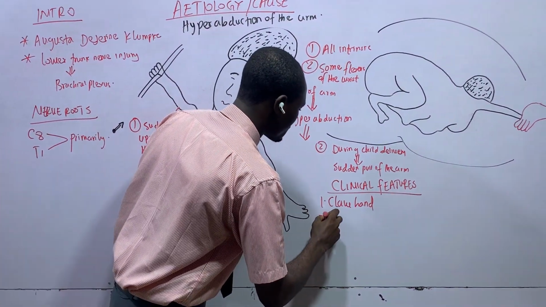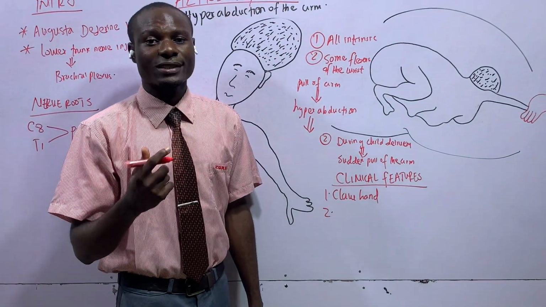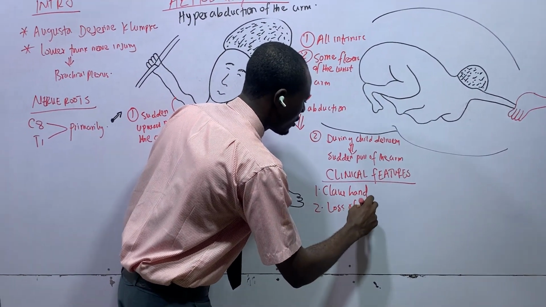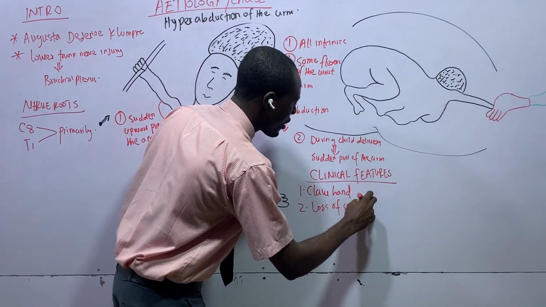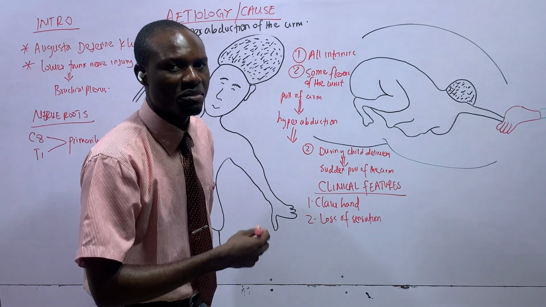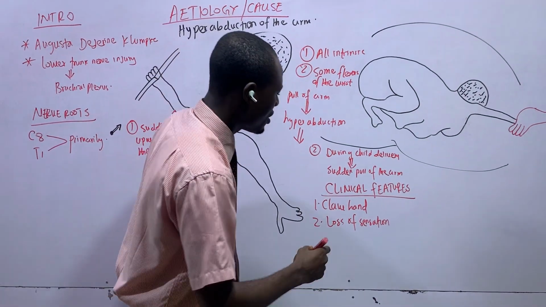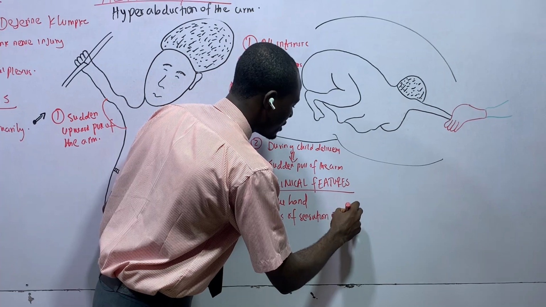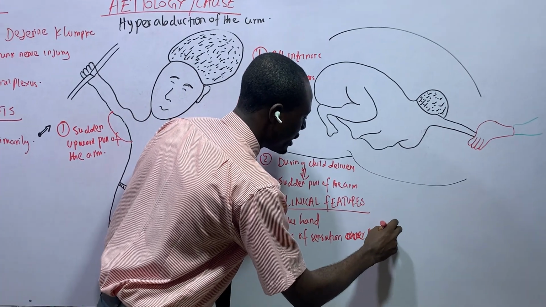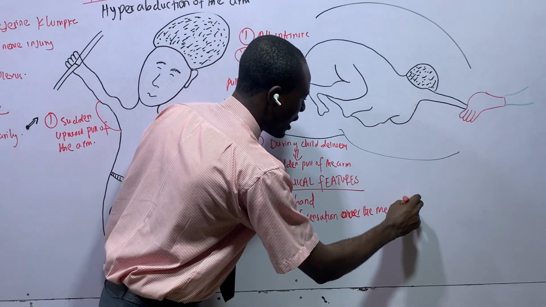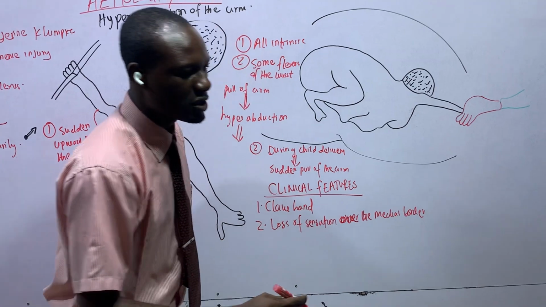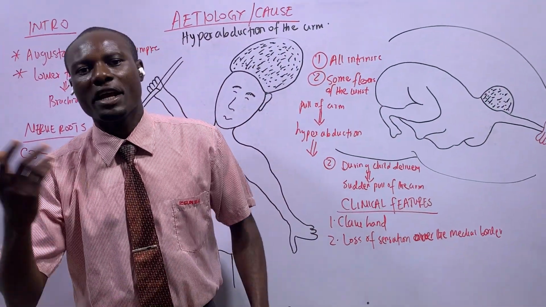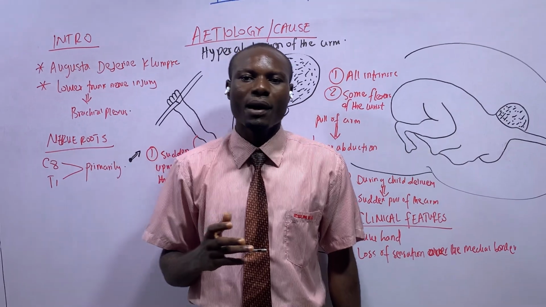Number two, there will be loss of sensation along the ulnar border or medial border of the arm and forearm. Why is it so? It's because we have nerves that emerge from the medial cord of the brachial plexus.